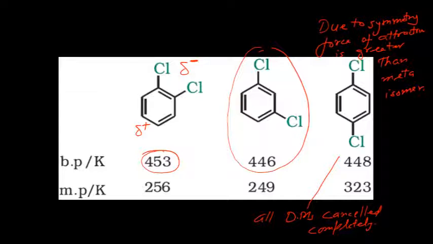Otherwise, if we consider only polarity, para should have had minimum boiling point. But symmetry plays a role here. So it's slightly more, but still very close to each other. Boiling points, not much difference. Melting point, much difference because of symmetry.